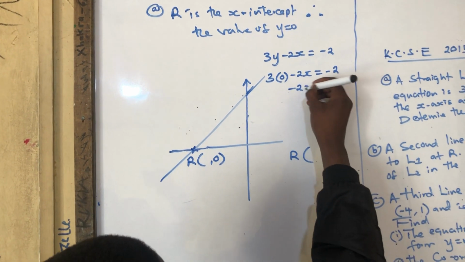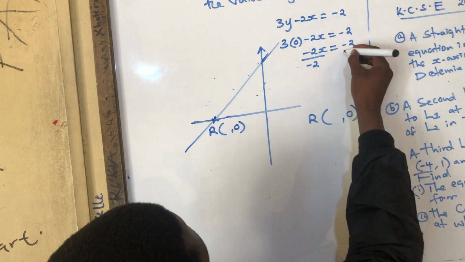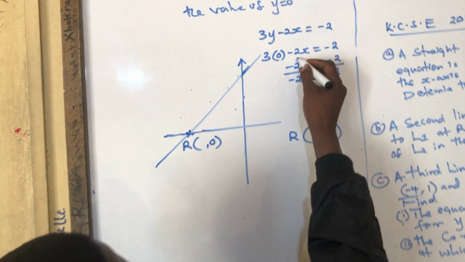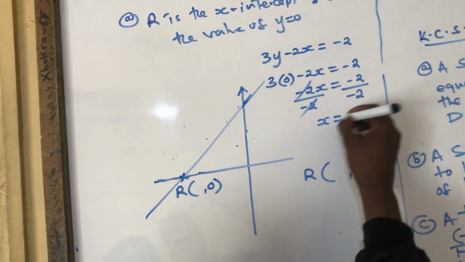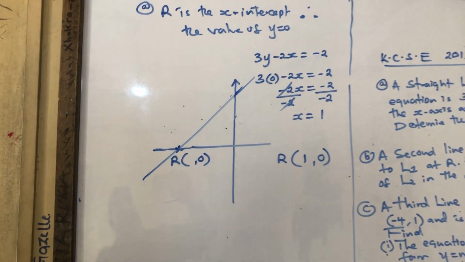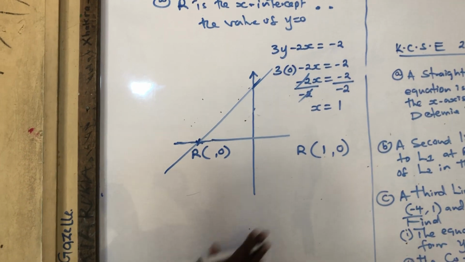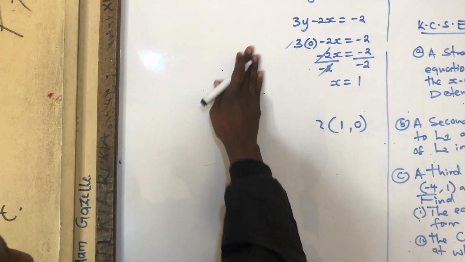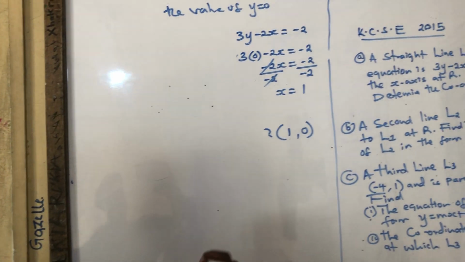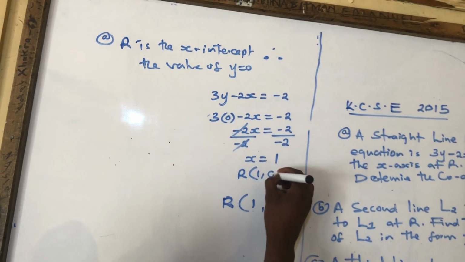So I'll remain with -2x is equal to -2. Divide this by -2, divide this by -2. This and this will cancel out. Our x would come out as 1. Therefore, the coordinate of R will become 1, 0. We don't need the diagram anymore. So the coordinate of R would become 1, 0.